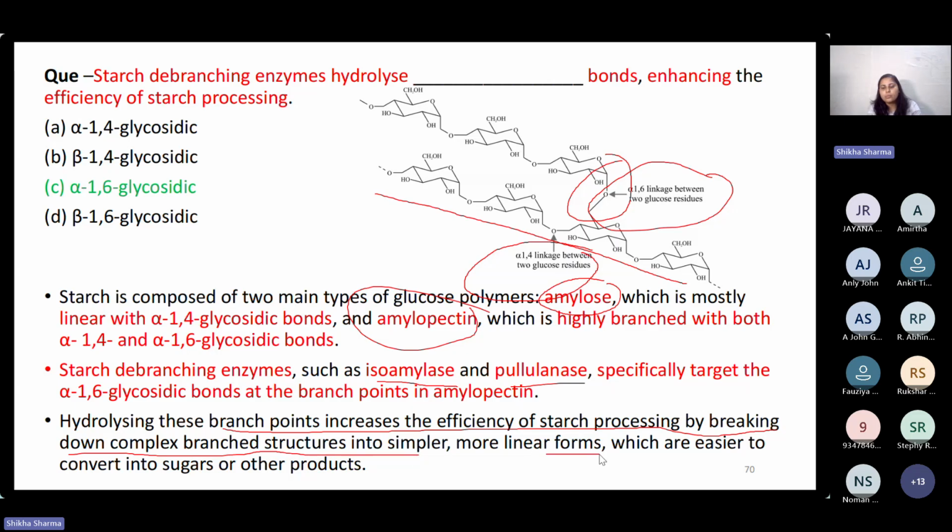So we get more linear forms, which can be easily converted into sugars and other products. If the branch chain is broken down, it is easy to convert the linear chain into further simpler products and sugars.